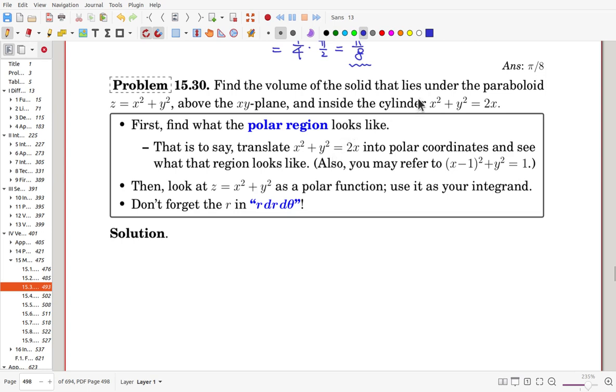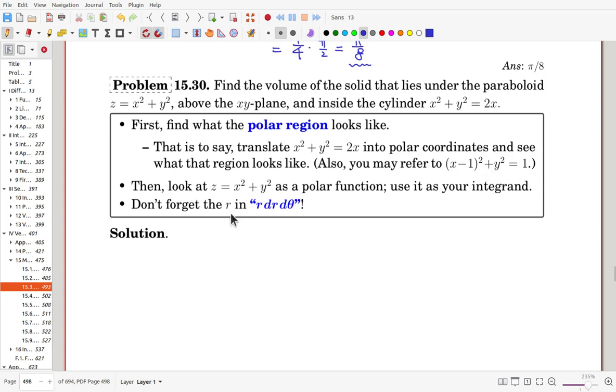And for this problem, now translate this equation into polar coordinates and try to recognize the region. You may change this one into this form, then that is a circle of radius 1 centered at (1, 0).